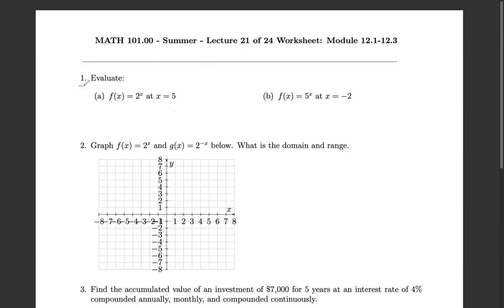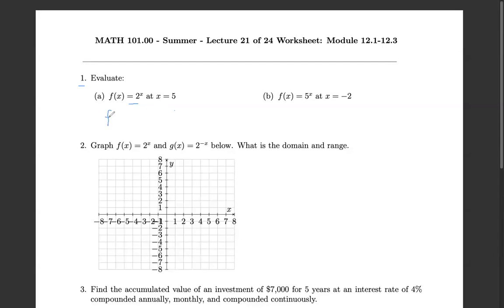Okay, the first question wants us to evaluate. The function given is 2 raised to x. The base is 2. X is in the exponent. And we want to evaluate when x is given as 5.